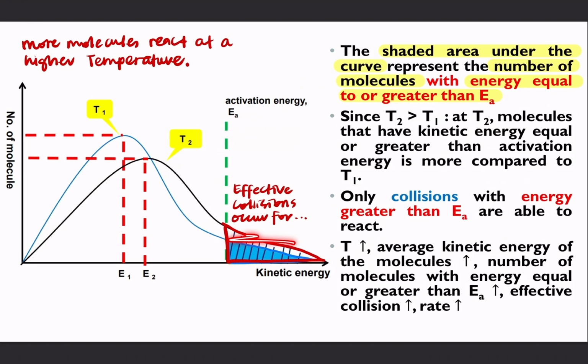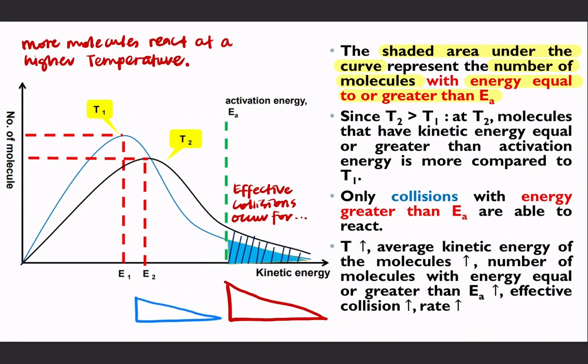So these shaded areas here are the molecules that possess enough energy, have overcome the activation energy barrier, and will have effective collision. I've drawn this for temperature 2 and temperature 1.